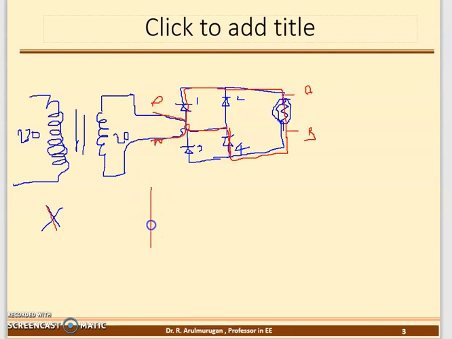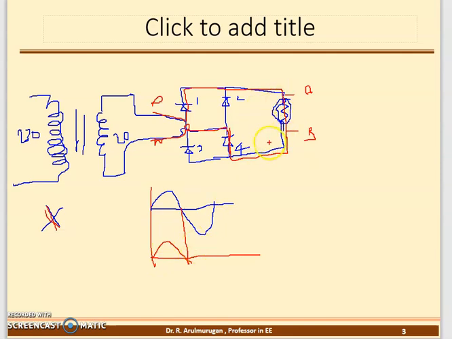Draw the input waveform and the output waveform. Output waveform for mode 1: left slash means switches 1 and 4 are closed. If 1 and 4 are closed, the same source is coming to the load. So the positive value is coming, flowing from A to B.